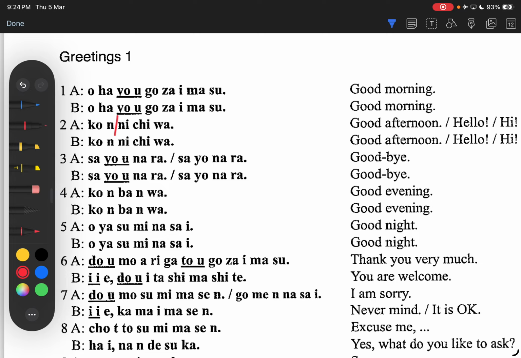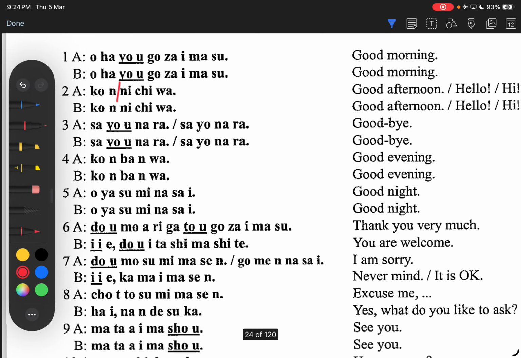We don't need a konnichiwa gozaimasu. No need, so just konnichiwa will be good. We use it usually in the afternoon, but nothing is stopping you from using it in the morning or at night. It is just a very general way to say hello.